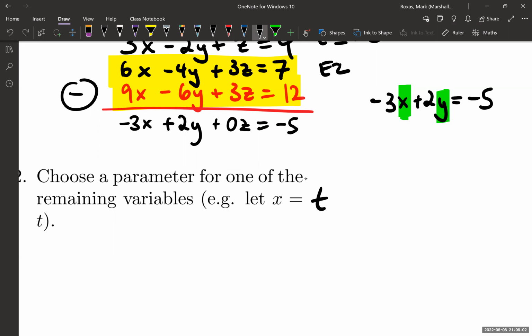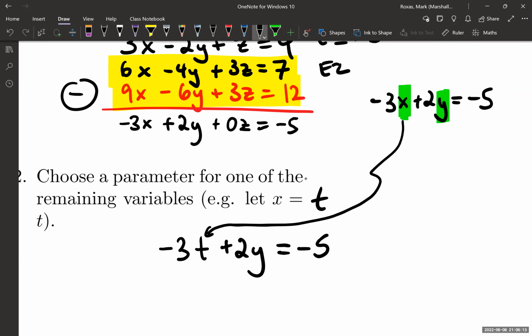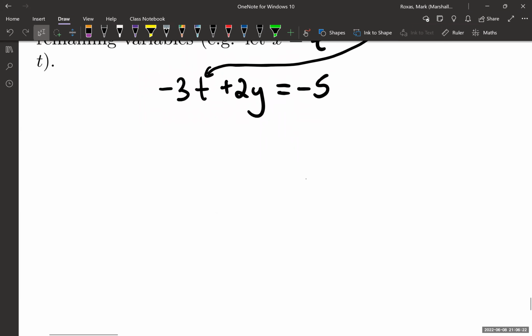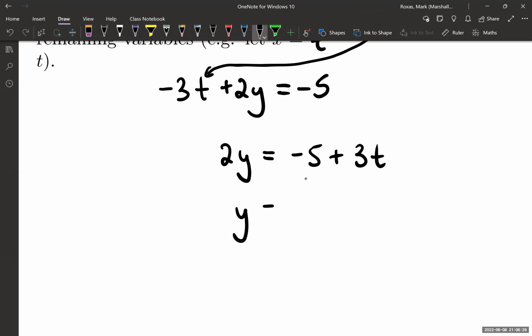If that's the parameter, I'm going to make a substitution here: negative 3 times t, and then plus 2y equals negative 5. I'm basically taking that x and replacing it with a t. So what does that allow me to do? Solving for y now, I'm going to rearrange this and write 2y equals minus 5 plus 3t, and then y equals negative 5 over 2 plus 3 over 2t.